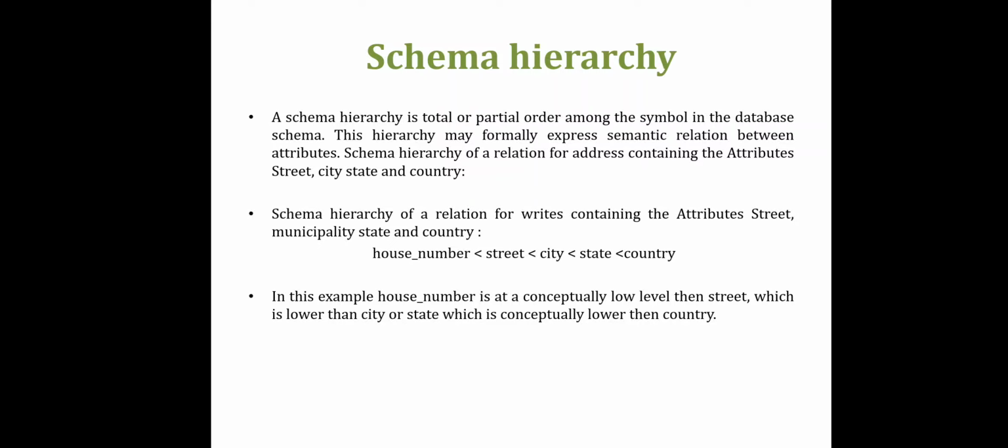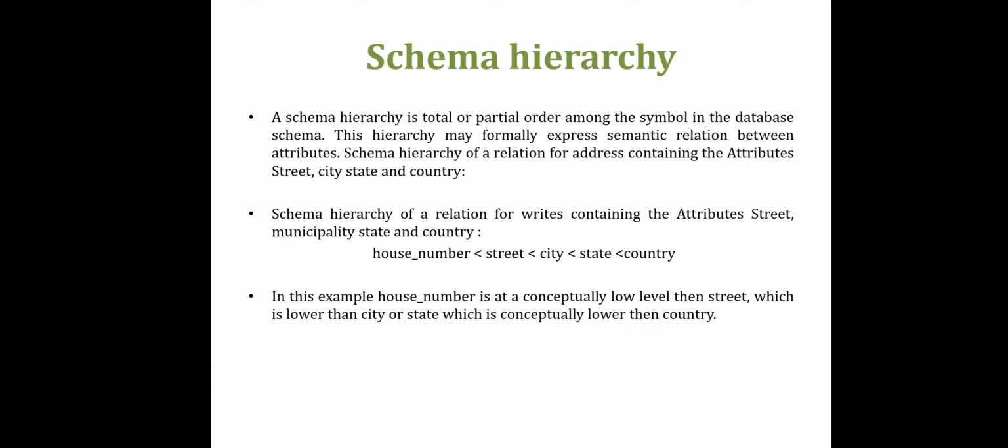A schema hierarchy for a relation address contains attributes like street, city, state and country. We have seen an example of this, the concept hierarchy of a location, where we represent the street, city, state and country.